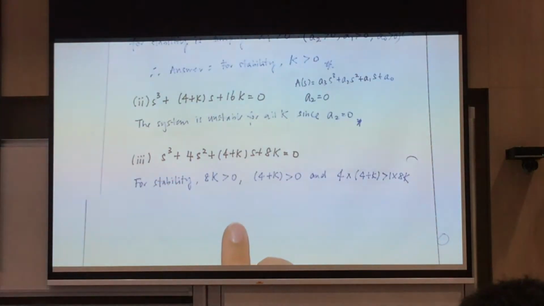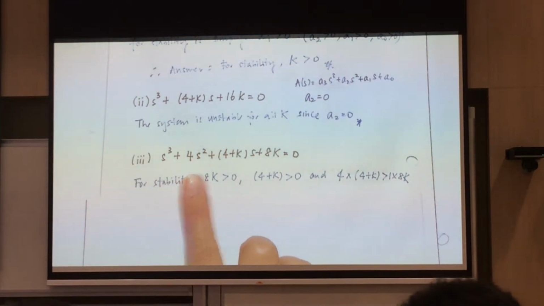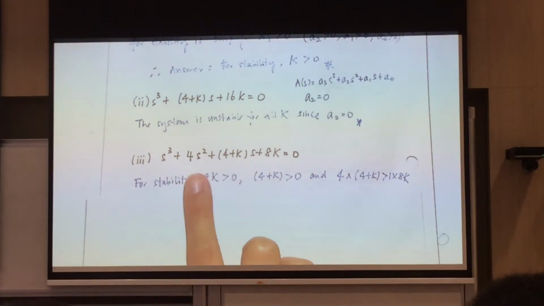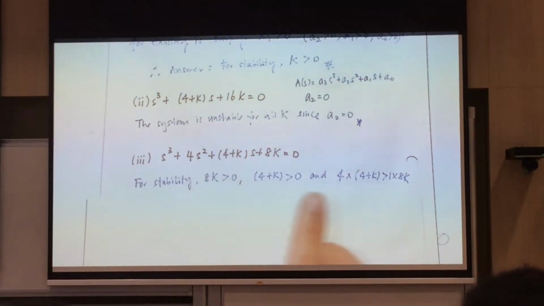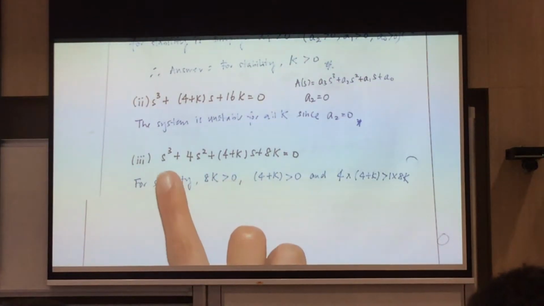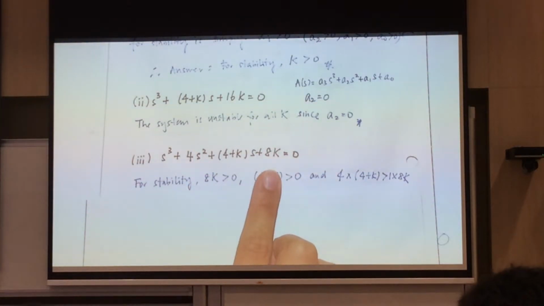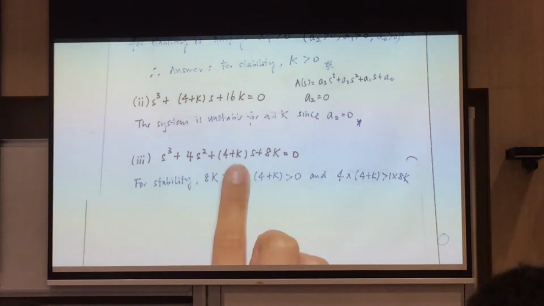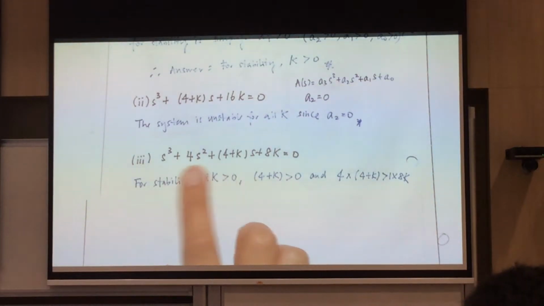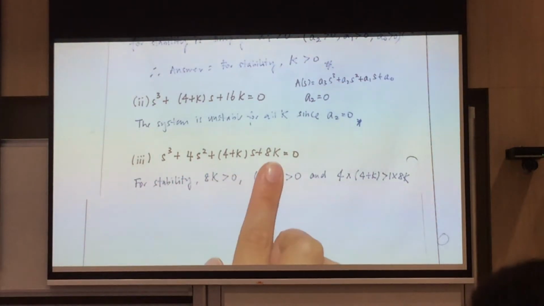Second condition: the product of a1 and a2 must be bigger than the product of a3 and a0. If you cannot remember, the inner product must be bigger than the outer product.